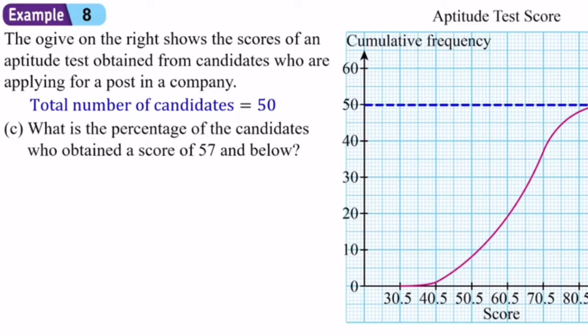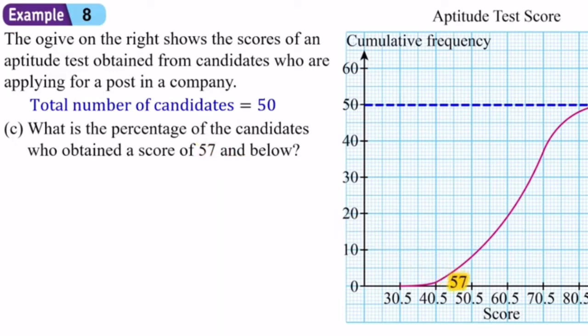So 57, we will go to the upper boundary, and then we will indicate 57 on the upper boundary, or what we call the score axis, which is the horizontal axis.